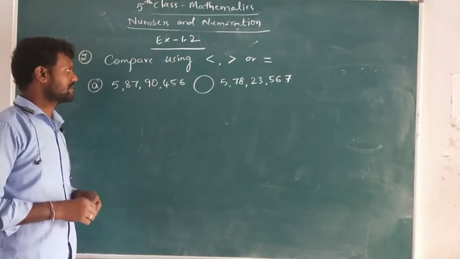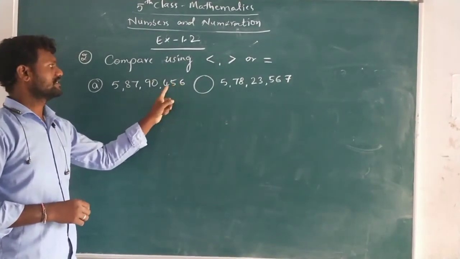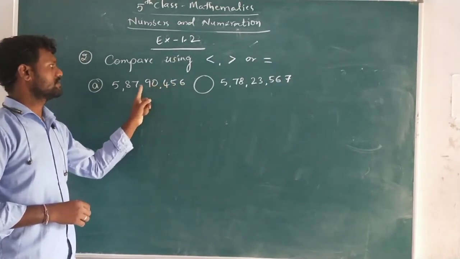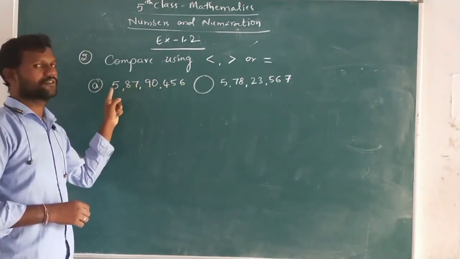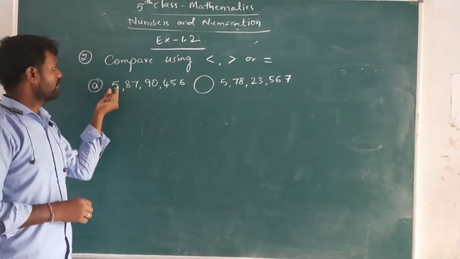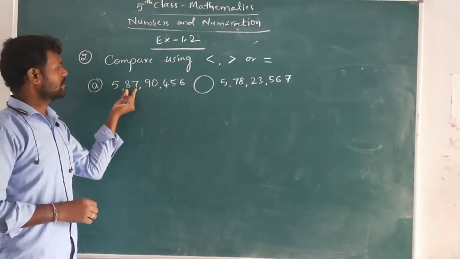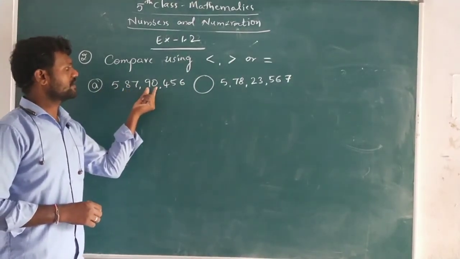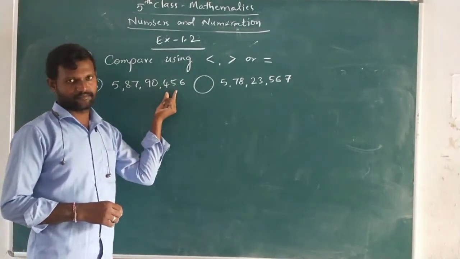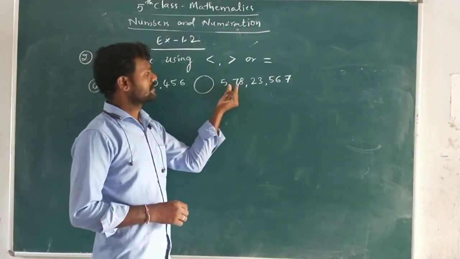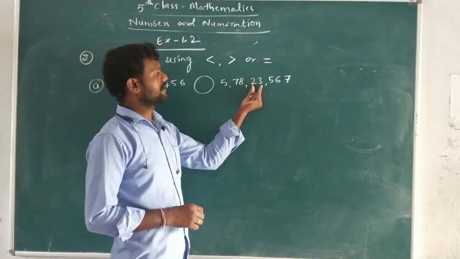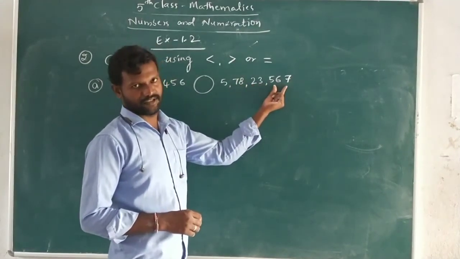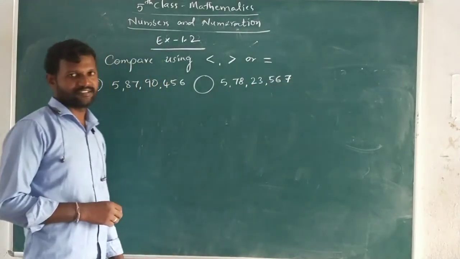Okay, first read these numbers: ones, tens, hundreds, thousands, 10,000s, lakhs, 10 lakhs, crores. 5 crores, 87 lakhs, 90,456. 5 crores, 78 lakhs, 23,567. So observe which is the bigger number in this.